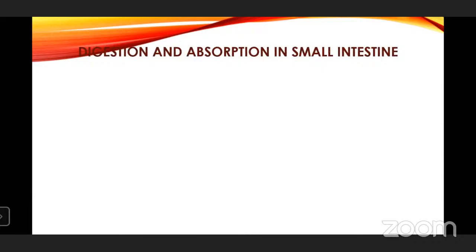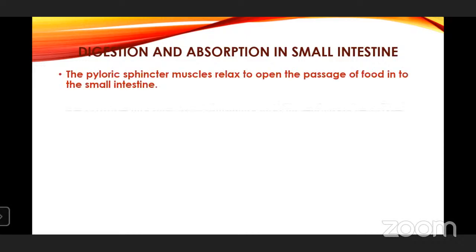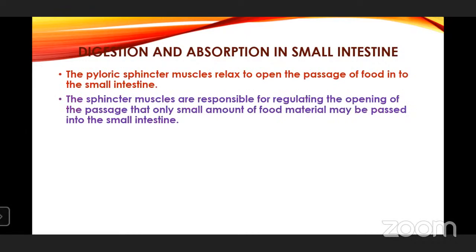Digestion and absorption in the small intestine. The pyloric sphincter muscles relax to open the passage of food into the small intestine. The sphincter muscles regulate the opening so that only a small amount of food passes into the small intestine.